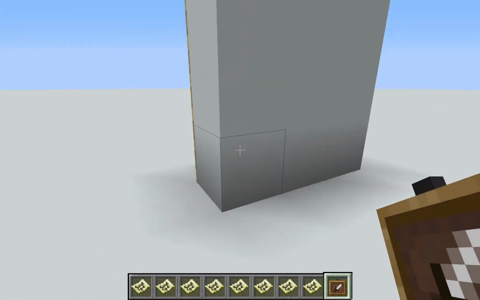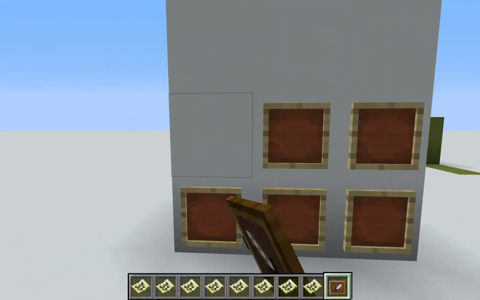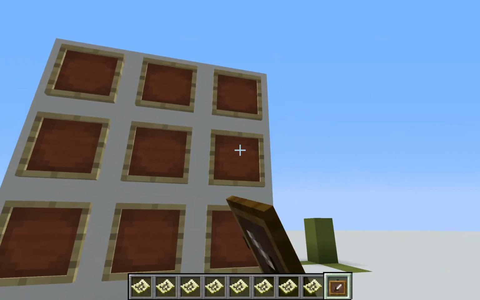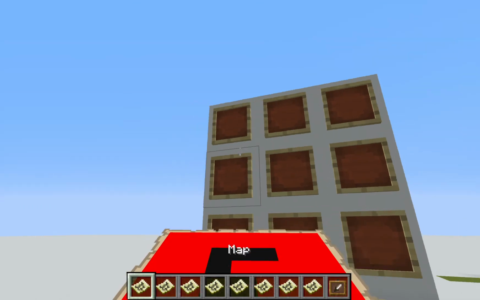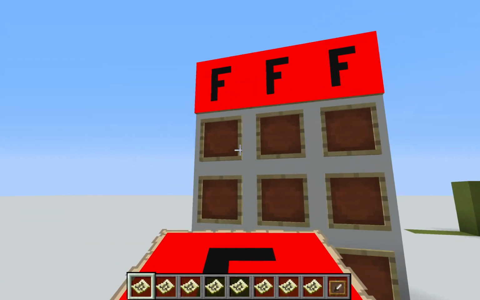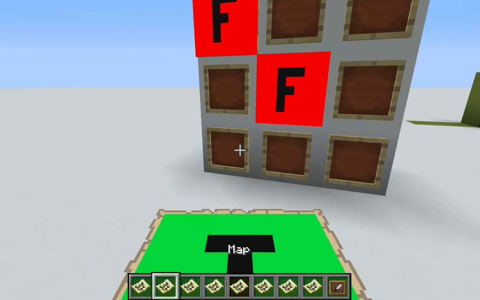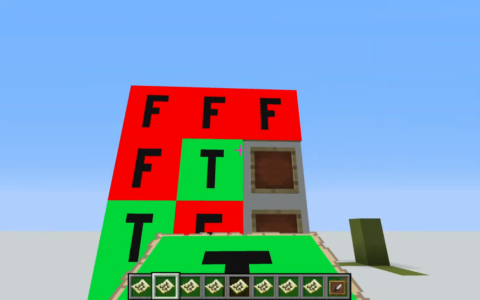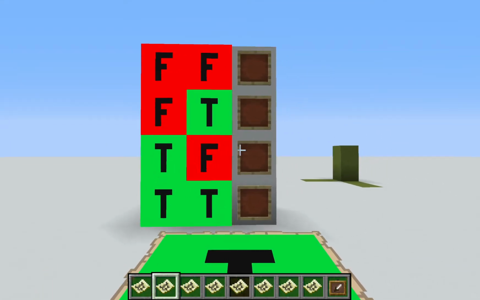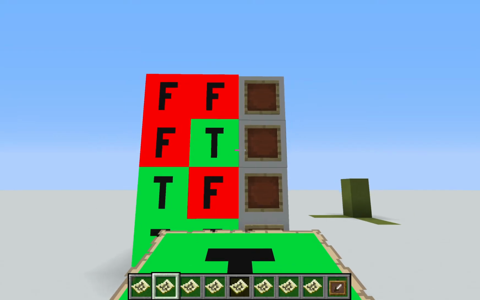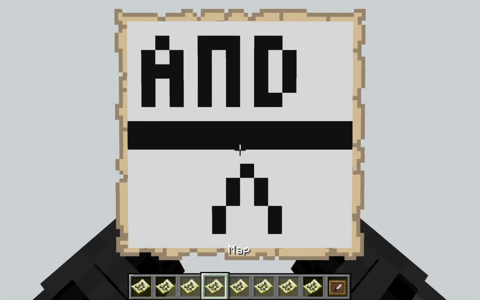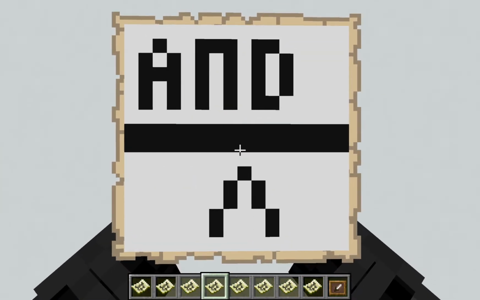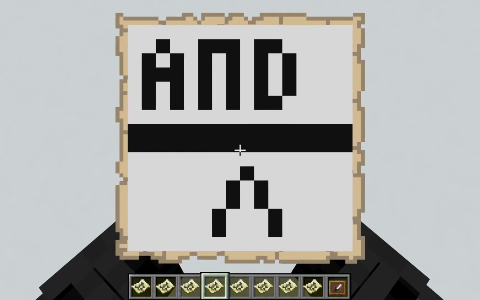Go on the other side. Remember what we had? We had false and false is false. All truth tables follow the same pattern as that, and these are all unknowns. So we have AND gates. That symbol at the bottom, the little arrow pointing upwards, is the symbol for AND.